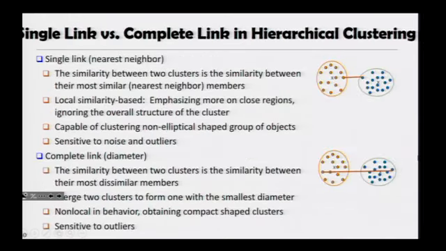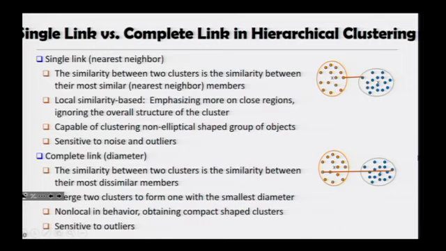First, what is the single link and what is the complete link? These two cases are kind of contrast to each other. If you look at two clusters, the single link basically means the similarity between the most similar, or nearest, members within these two clusters.